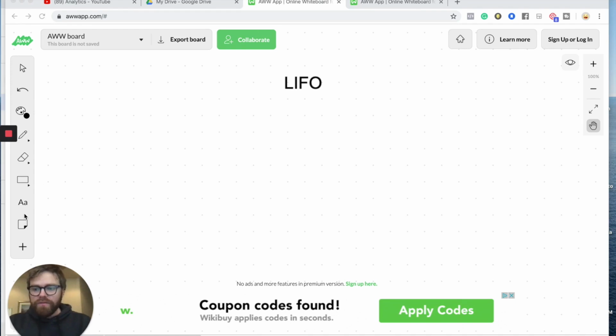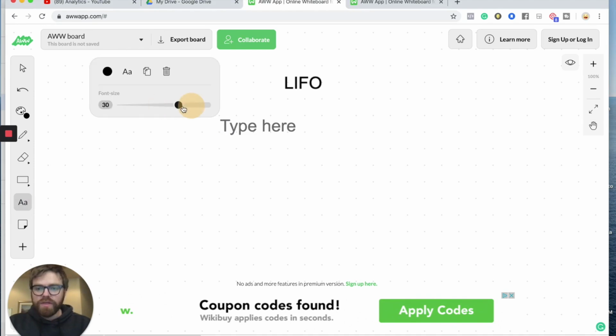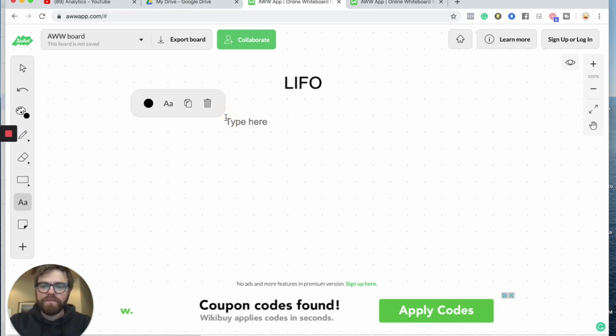The first thing you need to know about LIFO is it stands for last in, first out. So the last units you bought are the first to leave when you make a sale.